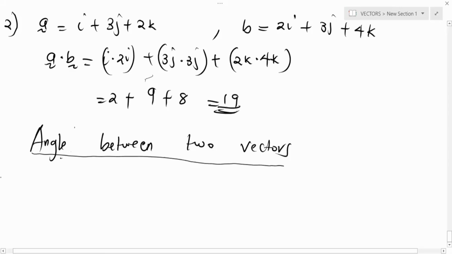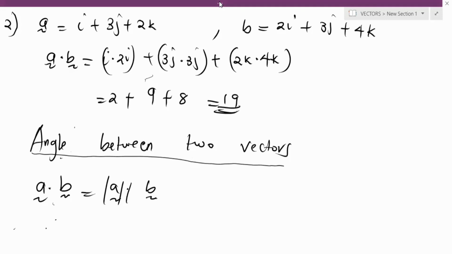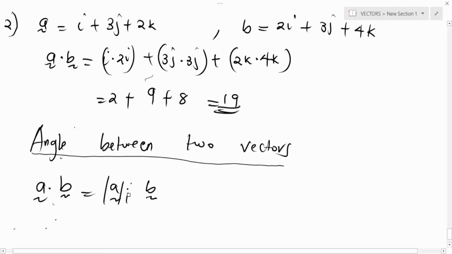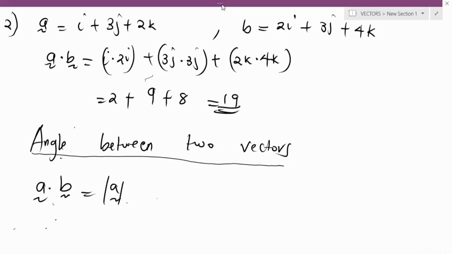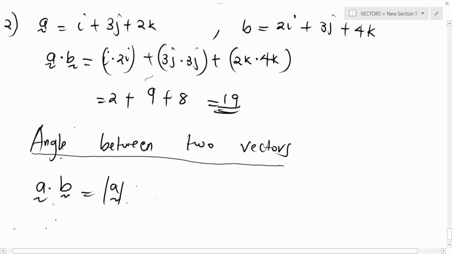Let's say you're given vectors A and B. The angle between vector A and B can be evaluated using this formula: A dot B is equal to the modulus of A times the modulus of B times cos theta. Let me write it properly.